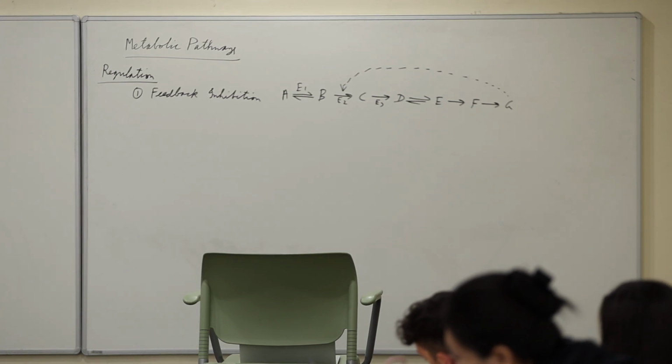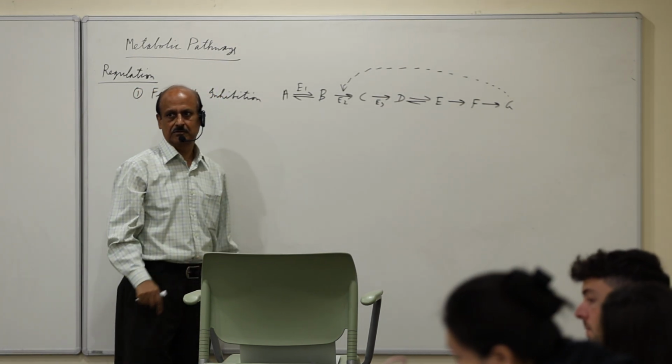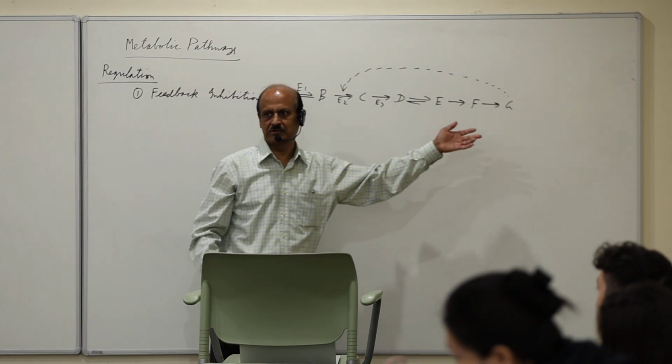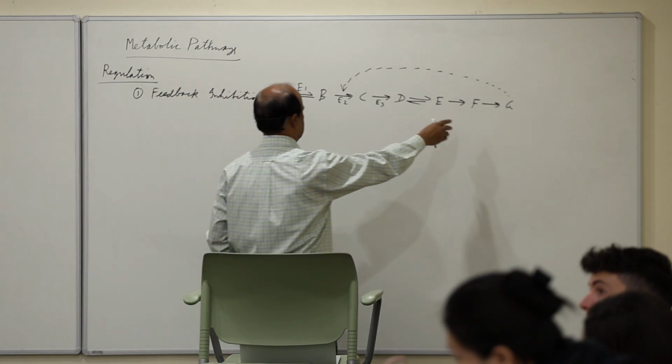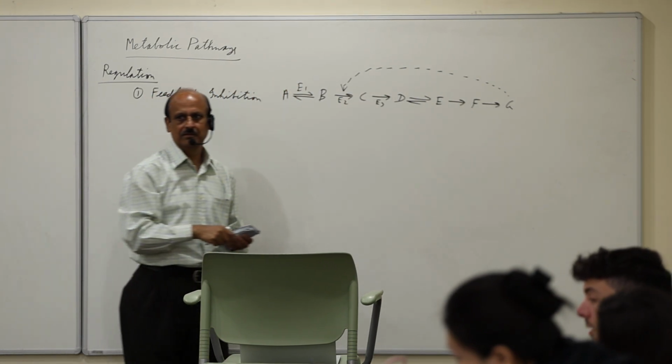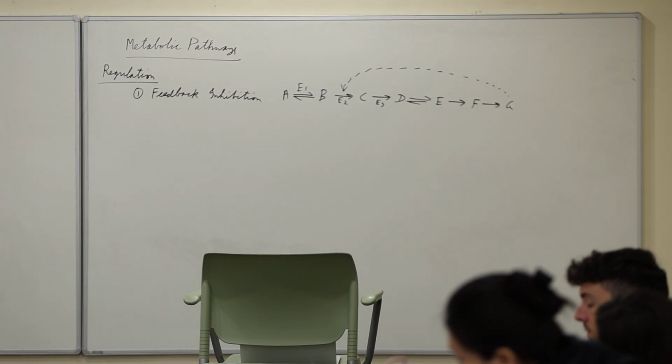So this is called feedback inhibition, in which a product in a later step, it's not always the last step, because as I said, there is nothing called the last step in a pathway. So a later step in the pathway will inhibit an earlier step in the pathway to turn the pathway off.